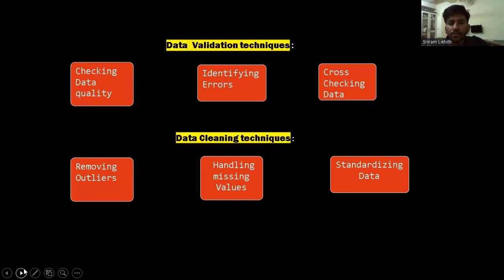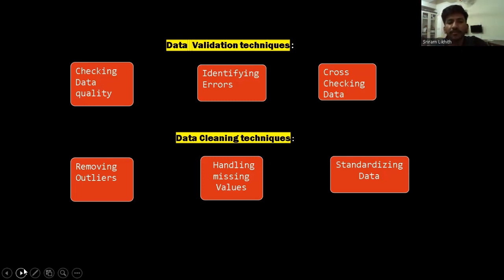So those errors should be identified by the second technique, identifying errors and cross-checking data, by confirming the data is correct with the superior who is appointed for collecting the traffic data.